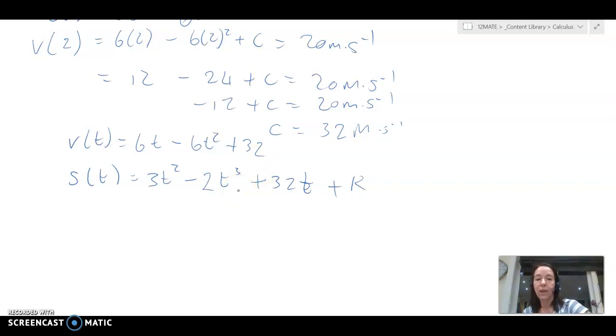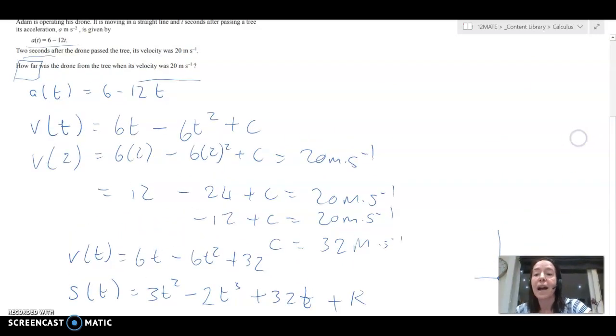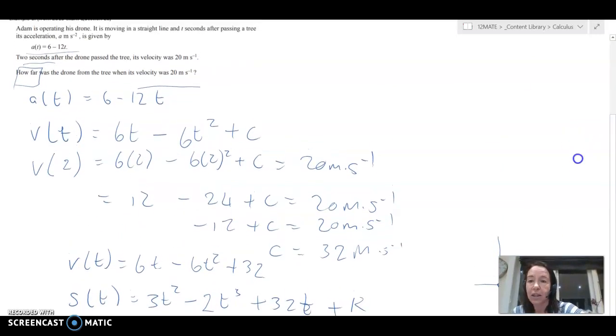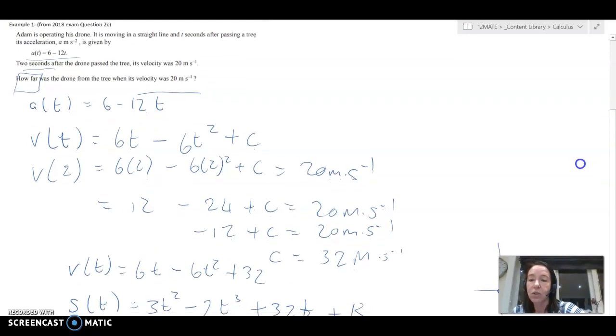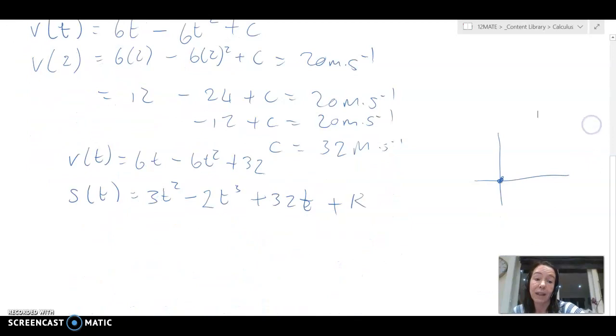Now, whenever we start with our kinematics, it's always the displacement from a specific origin, and I would know that my displacement and my time are going to be linked together. So it's talking about where it started from. It started from him, so my displacement and where it starts are both going to be 0. So I know that when time is 0, k should also equal 0.